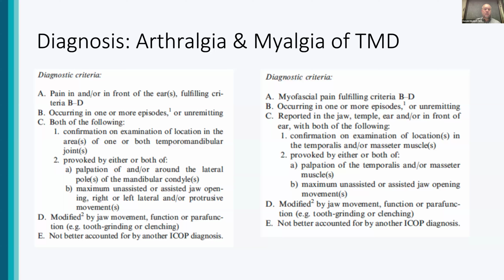And when people look at the diagnostic criteria, you'll notice, just like in the last two, there's this letter E, not better accounted for by other diagnosis. And so the thinking that went into that is obviously if something else, like inflammation or disease, better represents the type of pain, you should be able to rule that out to then come to the conclusion of this. So that's why it's a rule out, rule in, rule out. And Dr.